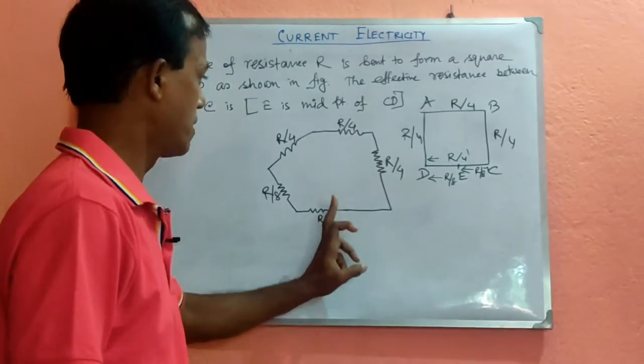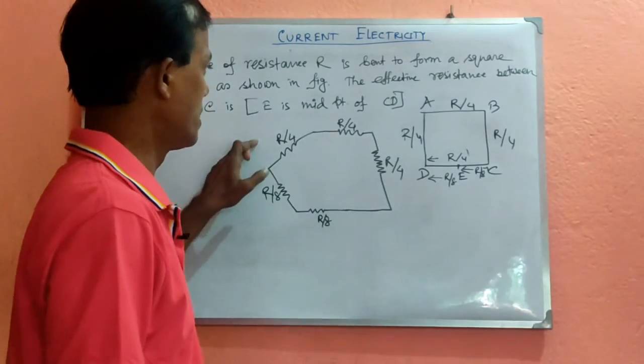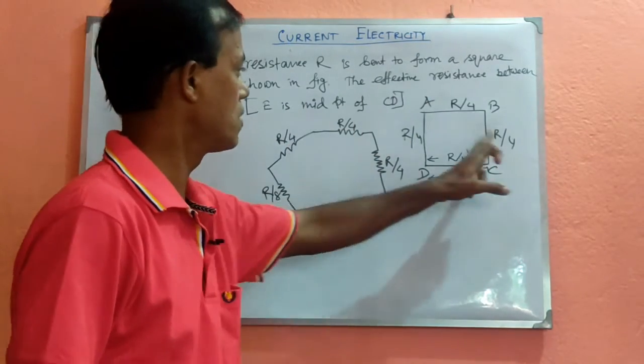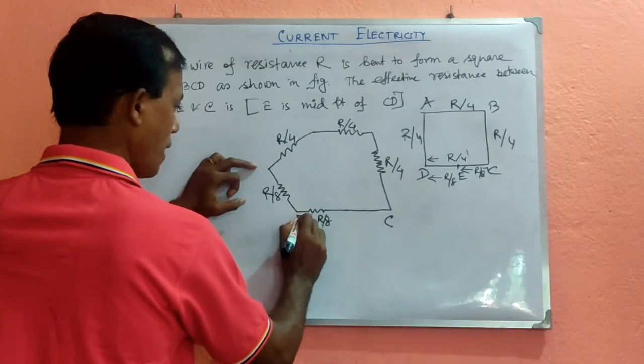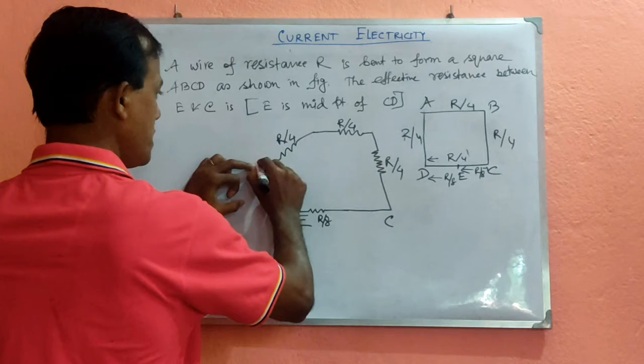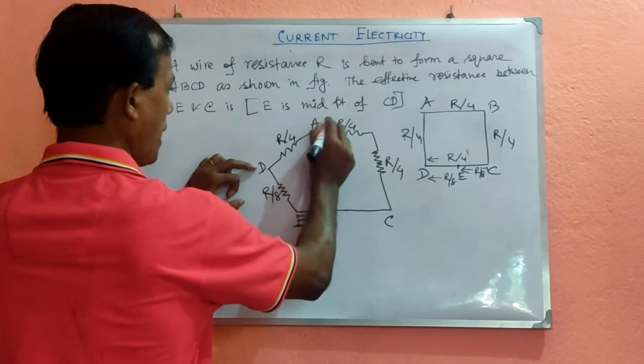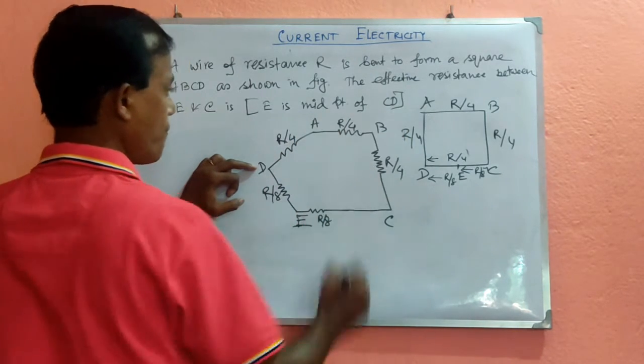This R by 8 is here, R by 4 is here, R by 4 is here, and also R by 4 is here. This is E, this is D, this is A, this is B.